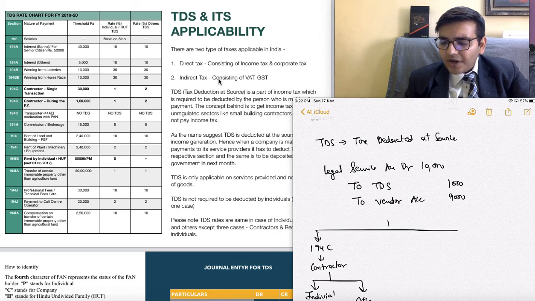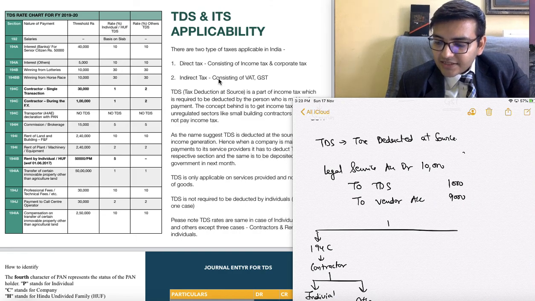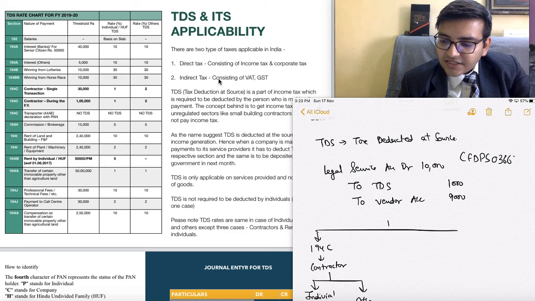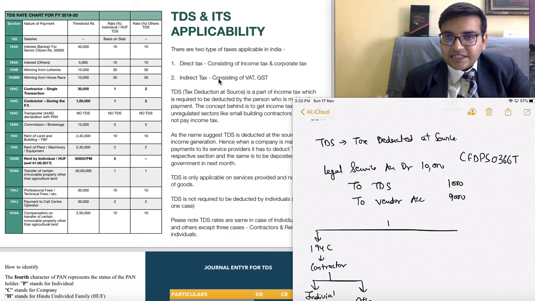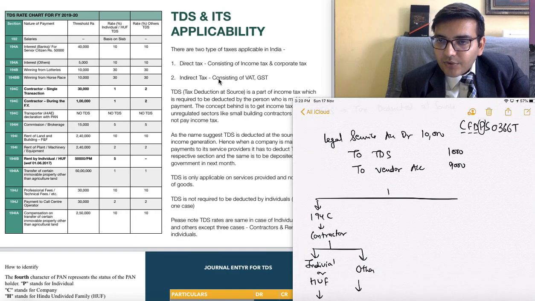Now how will you identify whether the contractor is an individual or any other? It is a general concept all throughout TDS: see the PAN number of that contractor. The PAN number is like this, CFDPS0366T, let's say. The fourth letter of the PAN number will give you the idea of the person.